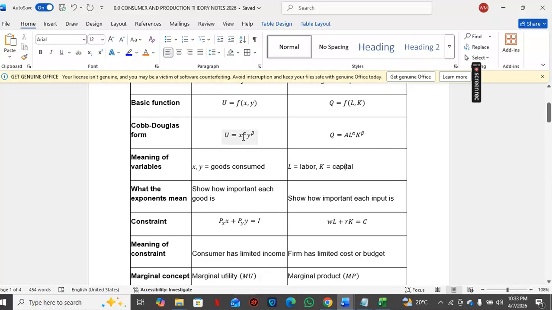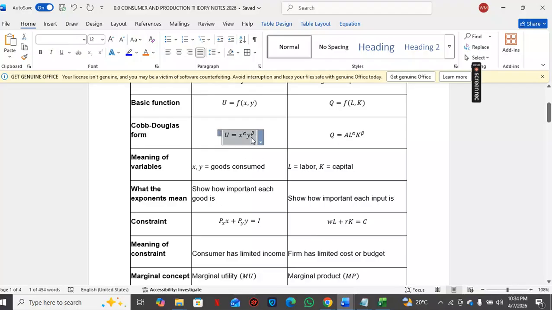What do the exponents, this alpha and beta, mean? For consumer theory, they show how important each good is.